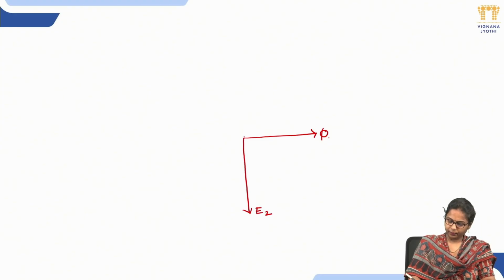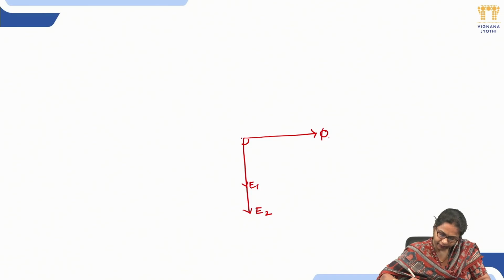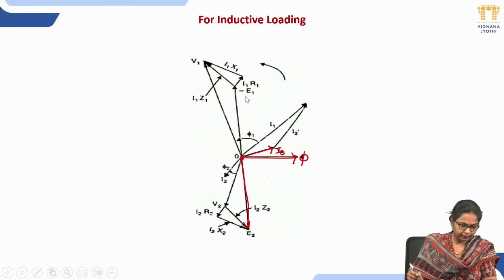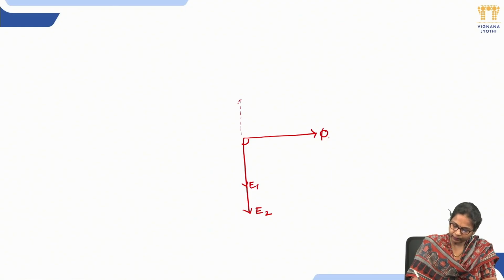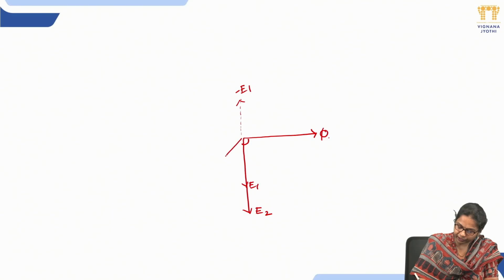E1 lags the flux by 90 degrees. And to obtain minus E1, E1 and E2 will be in phase, and for this we have to assume V2 in a particular direction.